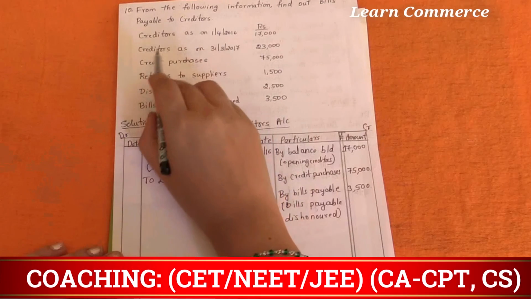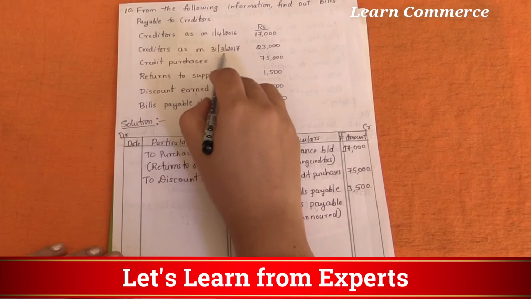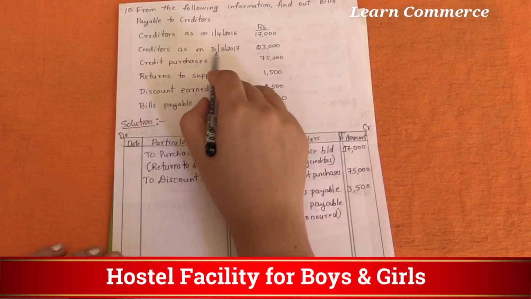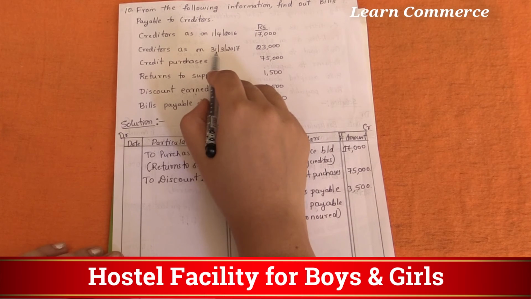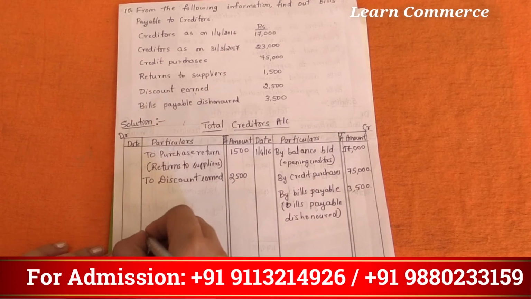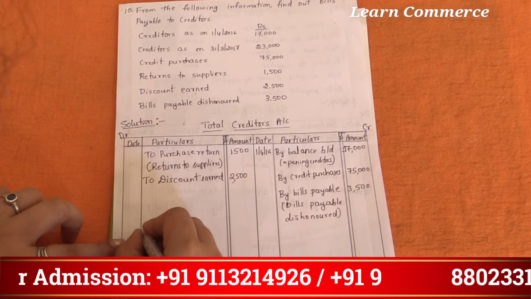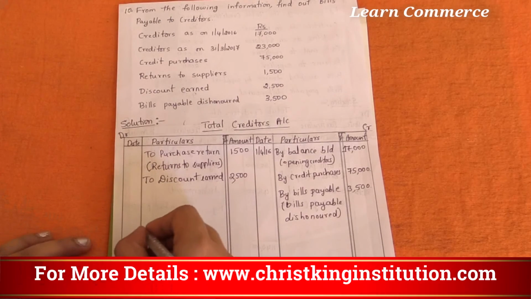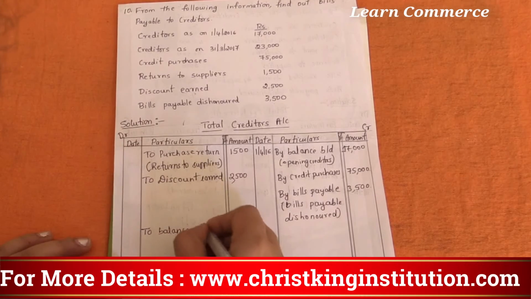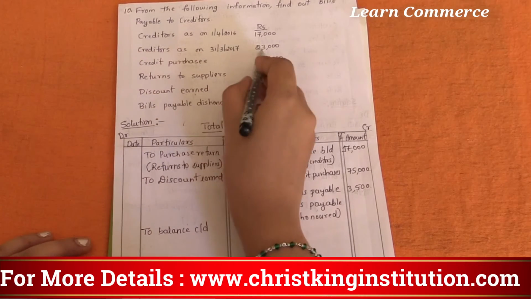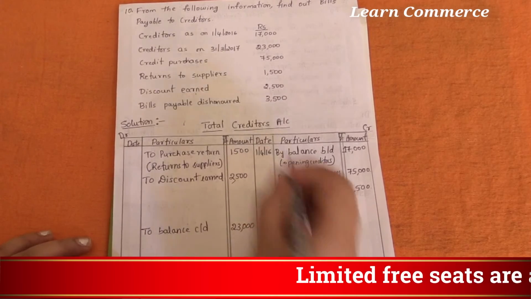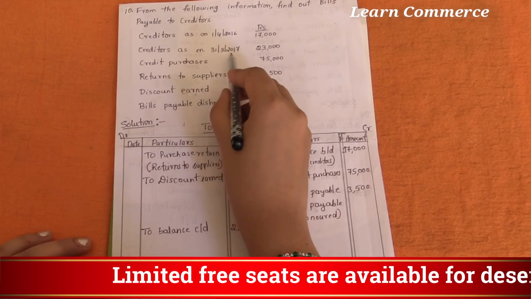Then here creditors as on 31st March 2017 23,000 is given. This is the closing balance of the creditors. We should record it at the end. Here leave some space and write. In the debit side, we always record closing creditors, to balance carried down. The amount is given 23,000. The date is given 31st March 2017.